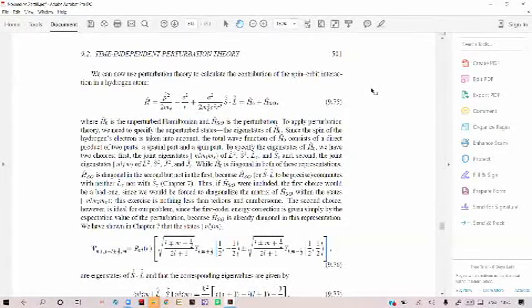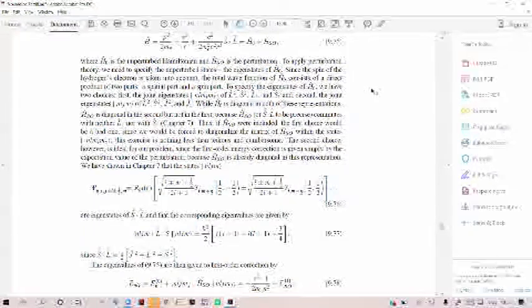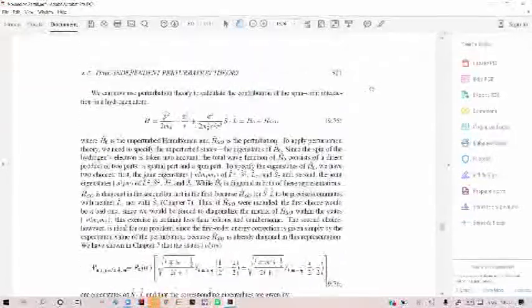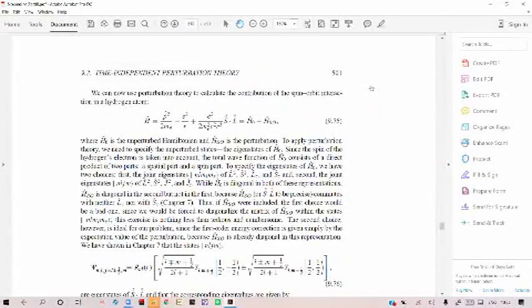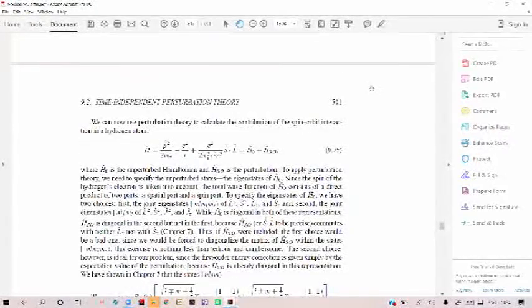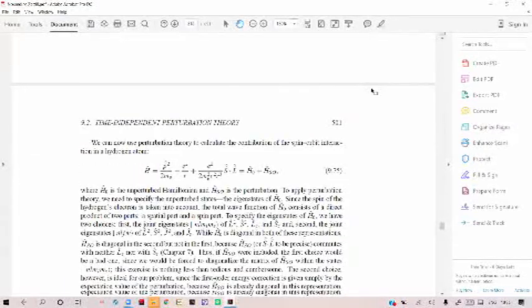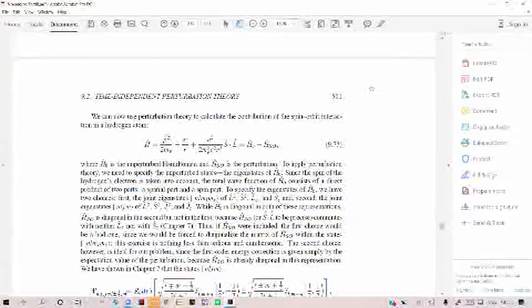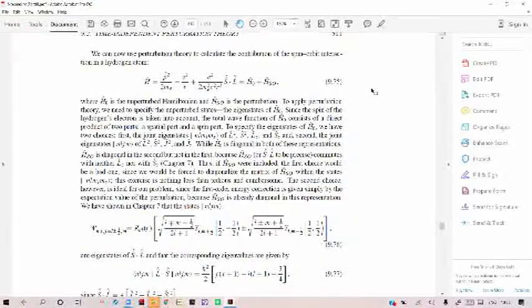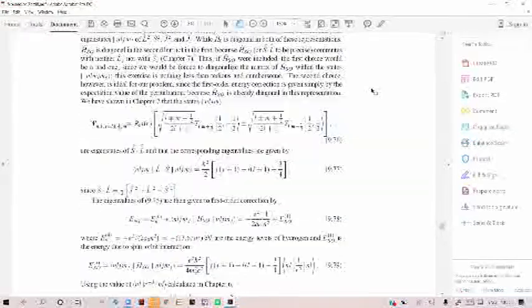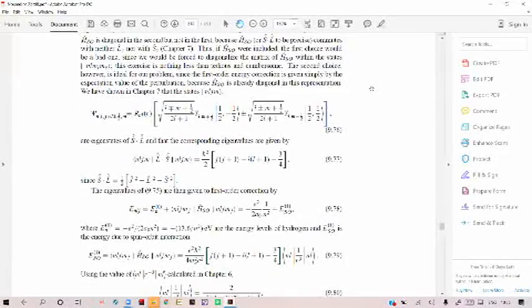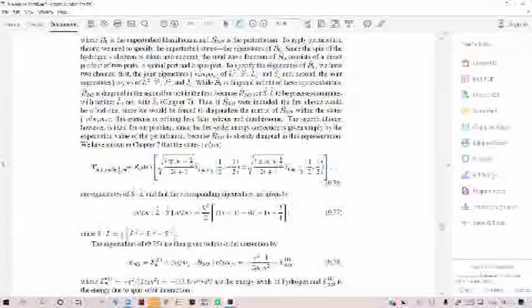It has used the bra-ket notation, and the result is the same. Here it is, 1 by r cube, in chapter 6 of this book. I have done this perturbation recently, I saw it in the morning. Okay, I will send it to you separately. Let's leave it here.